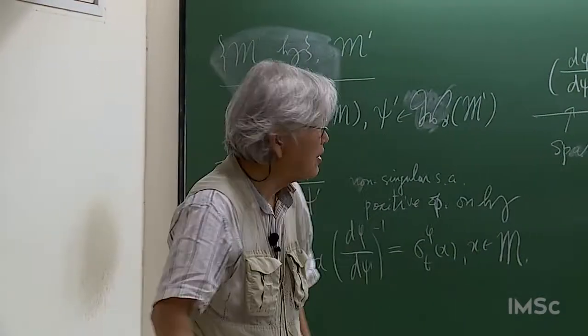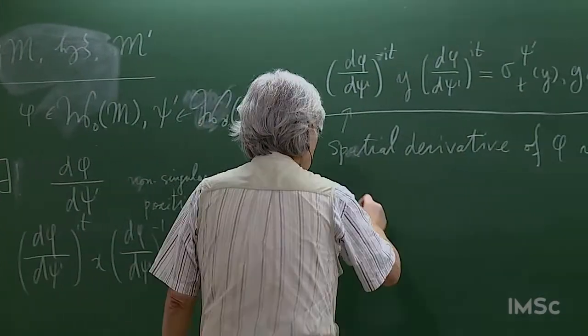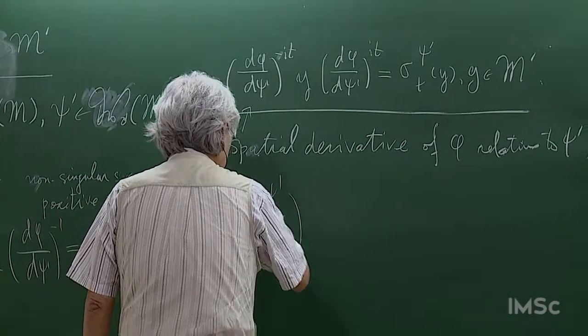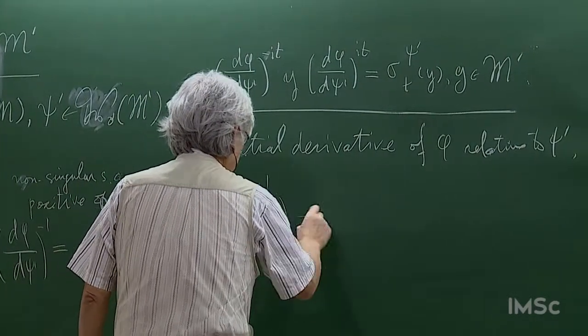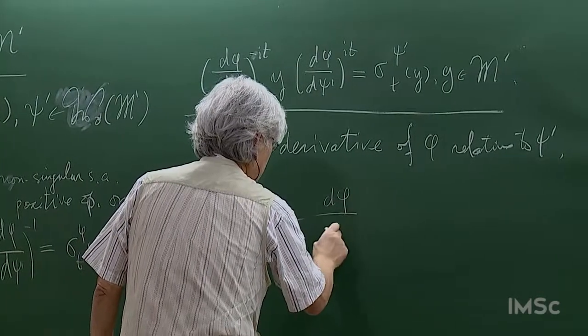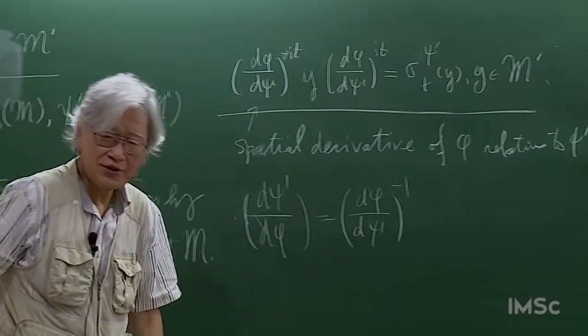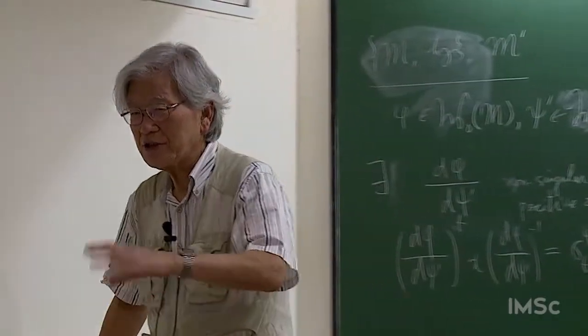And if you reverse it, d psi prime d phi is precisely the inverse of d phi d psi prime, which is non-singular self-adjoint, so it has an inverse.